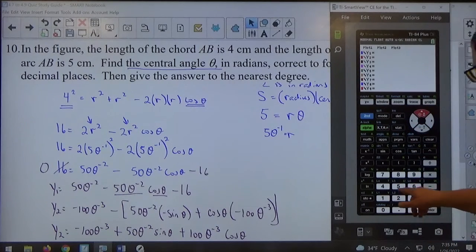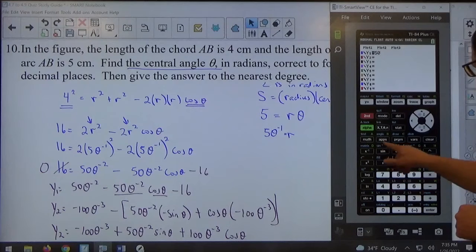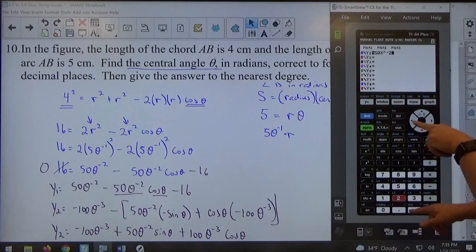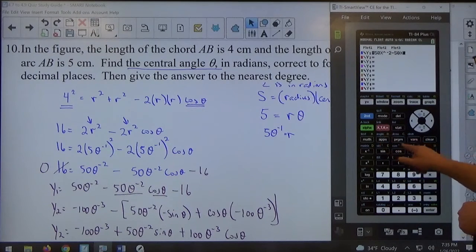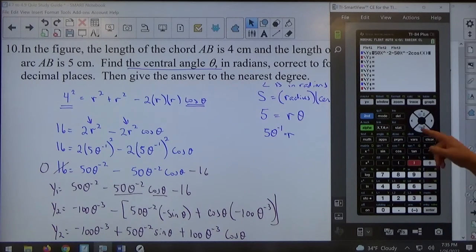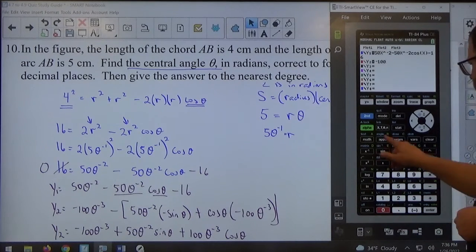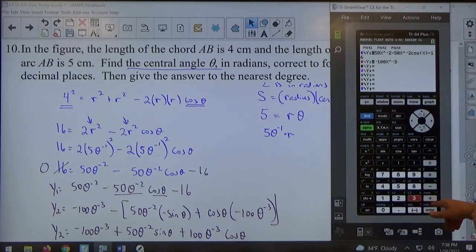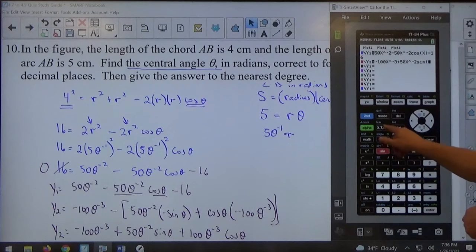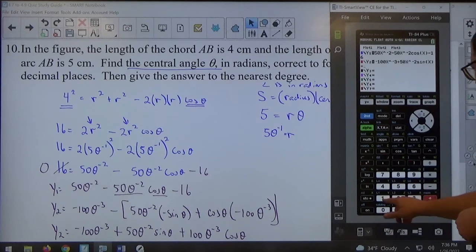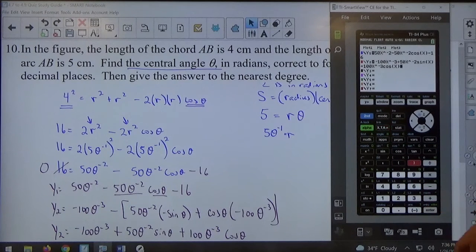We're going to get 50 theta, which is x, to the negative second minus 50x to the negative second cosine of x in parentheses minus 16. y2 is going to be negative 100 x to the negative third plus 50x to the negative second sine of x in parentheses plus 100x to the negative third cosine of x in parentheses.